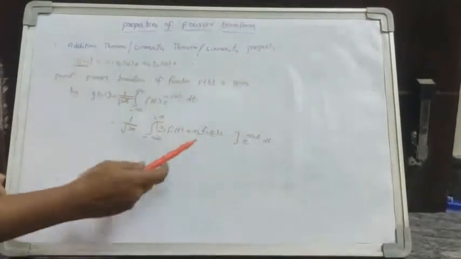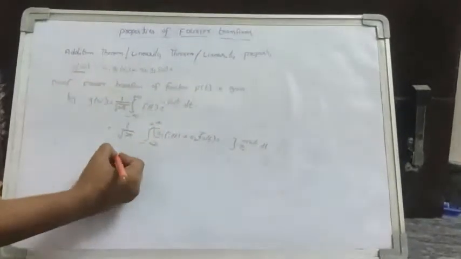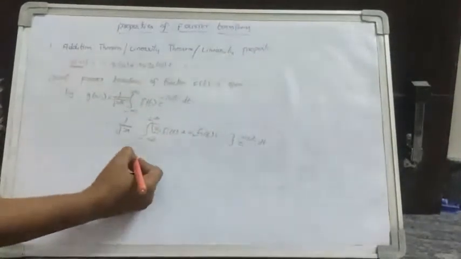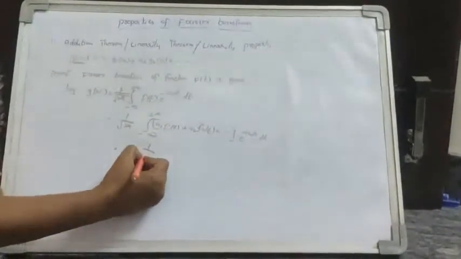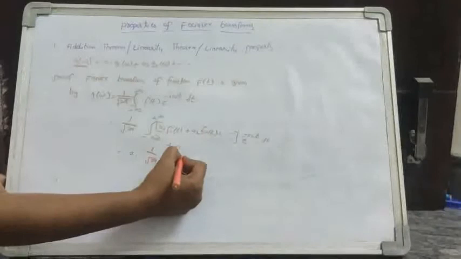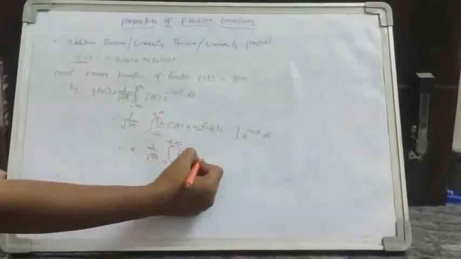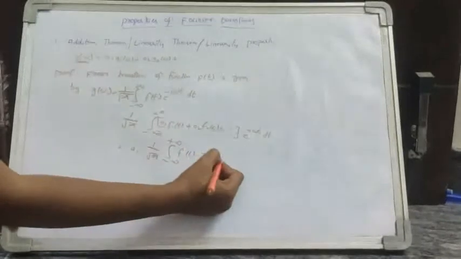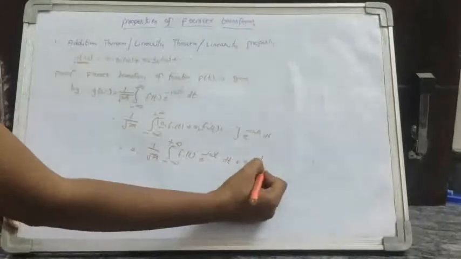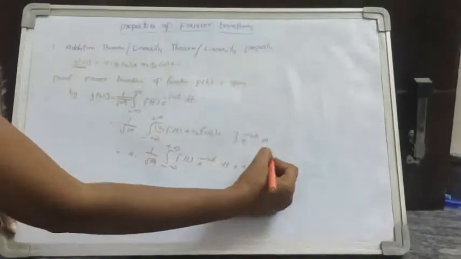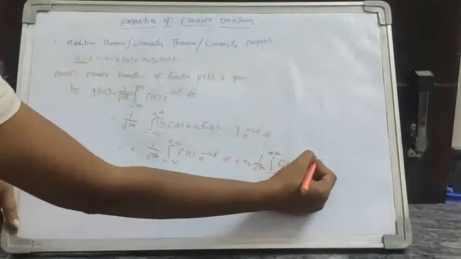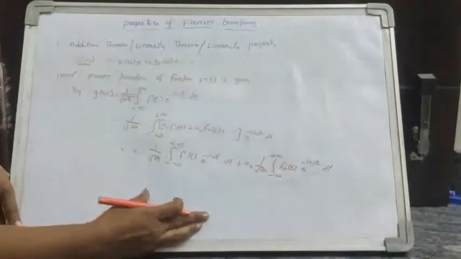Now this can be written as a1 times 1 by root 2 pi integral minus infinity to plus infinity f1 of t e power minus i omega t dt, plus a2 times 1 by root 2 pi integral minus infinity to plus infinity f2 of t into e power minus i omega t dt.